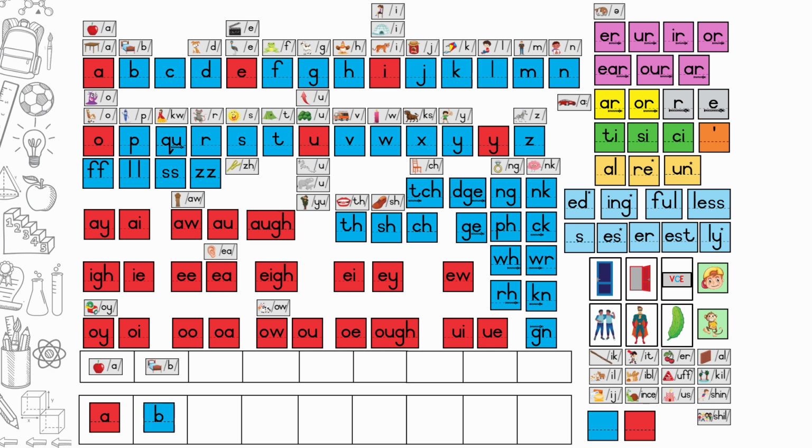B says B. C says K, but if it's followed by E, I, or Y, it says S. D says D. E says E in a closed syllable. F says F.